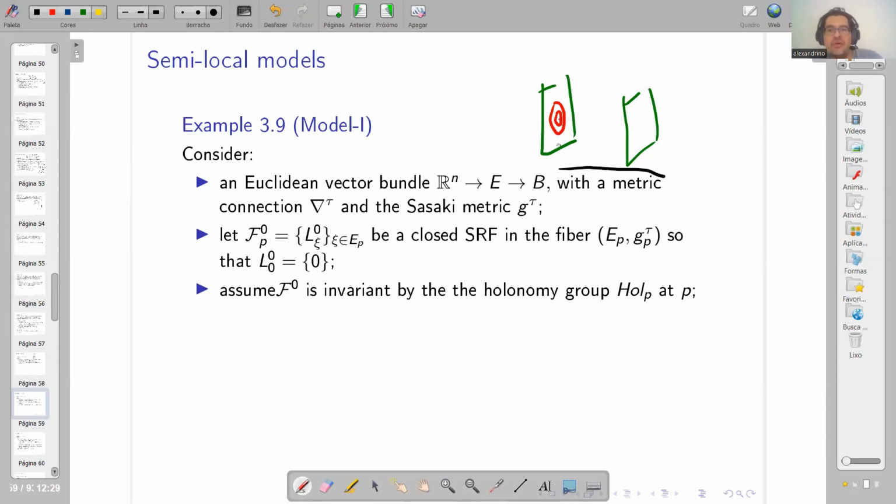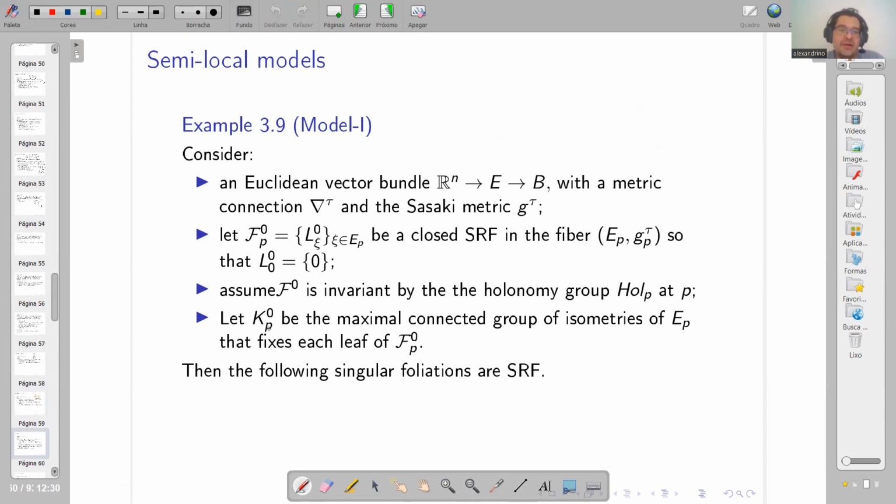And somehow we have compatibility with the holonomy group, such that if I travel from one leaf to the other, at least I should not travel from one leaf to another leaf with a lower dimension. Okay, this should not happen. These are the data, and this guy is just a definition.